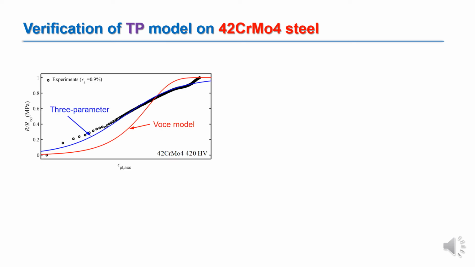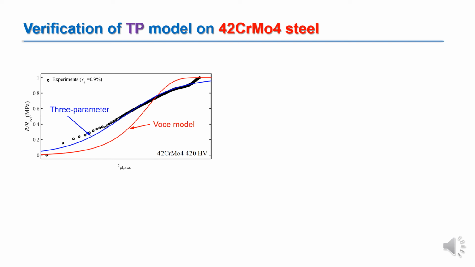Let's consider first experimental data of chromium molybdenum with 420 HV and 0.9 strain amplitude. Black symbols present experimental data, the red line presents the curve fitted with the Voce model, and finally, the blue line presents the fitting obtained with the three-parameter model.